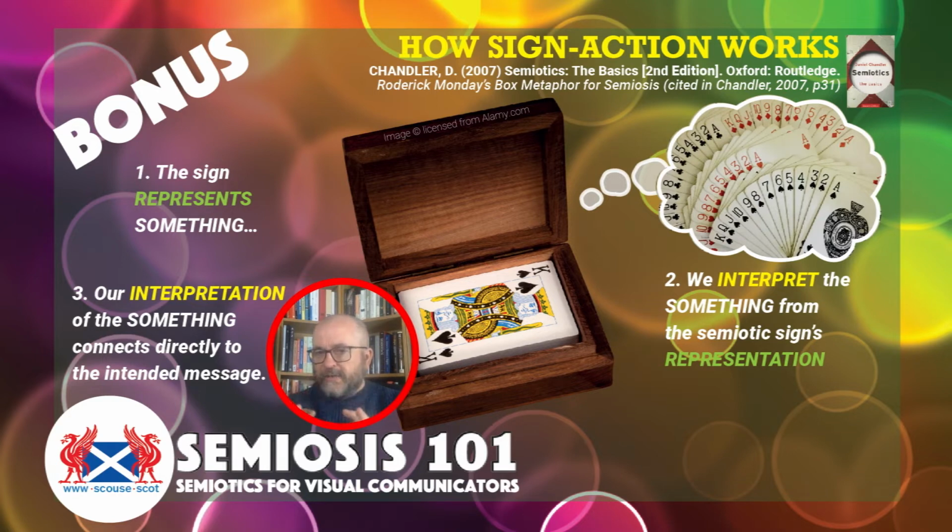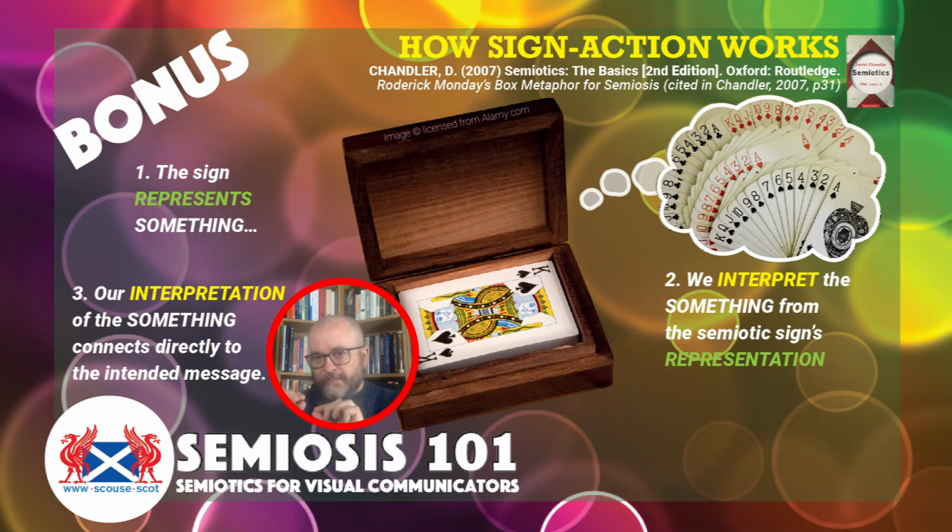The sign that we want to communicate, the concept we want to be communicated, represents something to us as the audience. How it's represented, we interpret. That puts in our mind a picture of what we think this is about, an idea, a concept of what this is about.